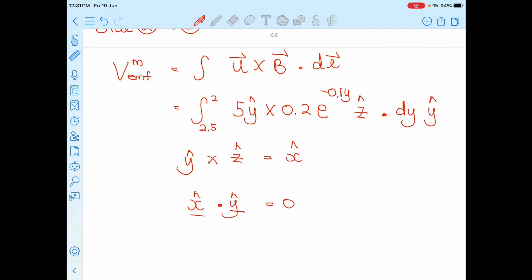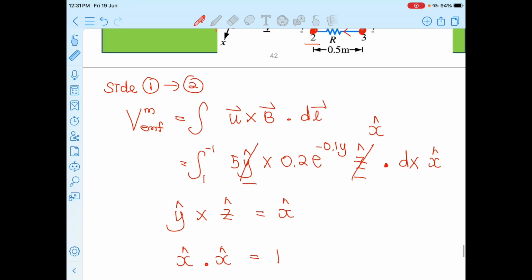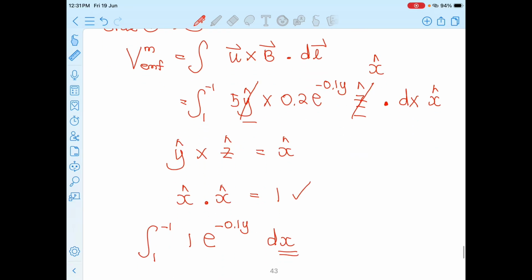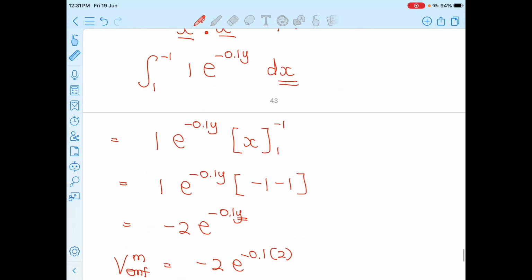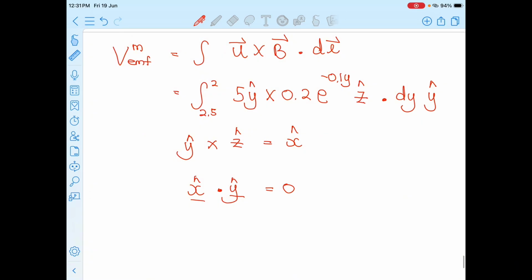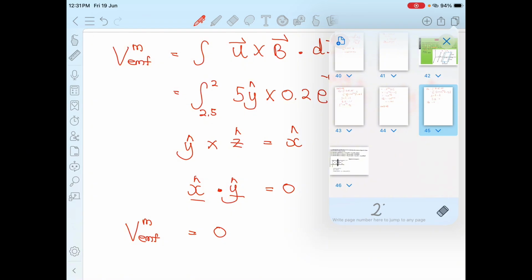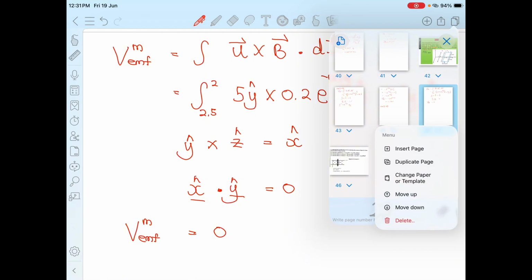Just now it was 1 because they were in the same direction. So for side 2 to 3, your motional EMF is equal to 0.